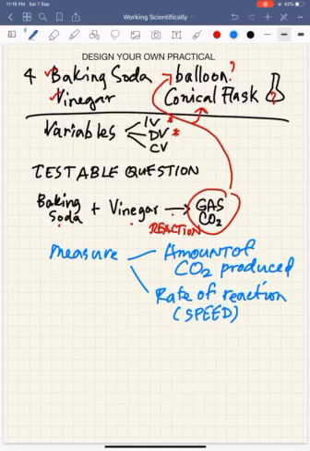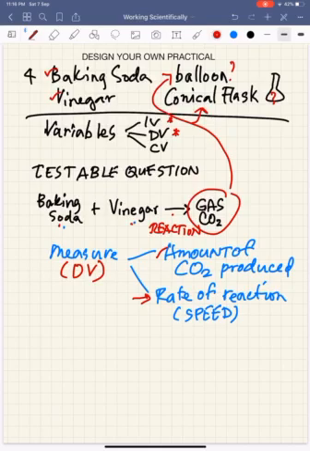How fast will the baking soda and vinegar produce carbon dioxide? Remember, a dependent variable is what we measure. So when we say, what do we measure? This is our dependent variable. And you choose. Do you want to measure the amount of carbon dioxide produced, or the rate of reaction? You have to make a choice.